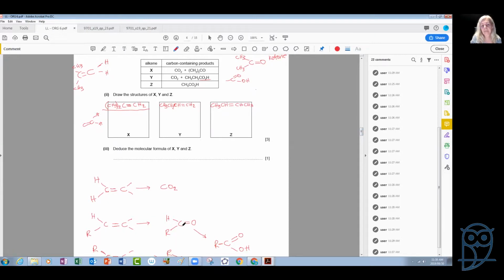First, it gives an aldehyde, and then the aldehyde oxidizes further to give us an acid. So here we are given the acid straight away. So we know that the other carbon here is connected to one hydrogen, and the other will be this alkyl group here.